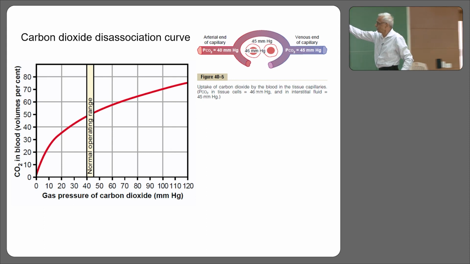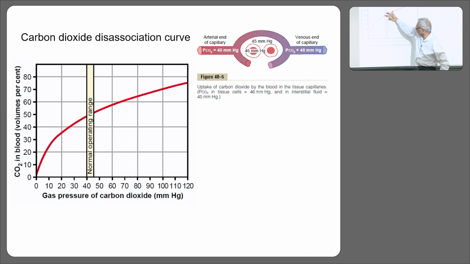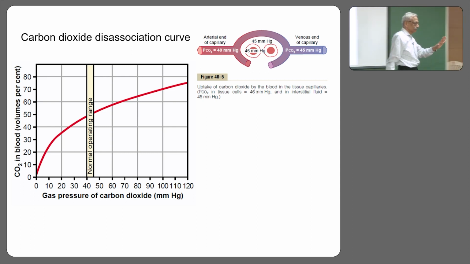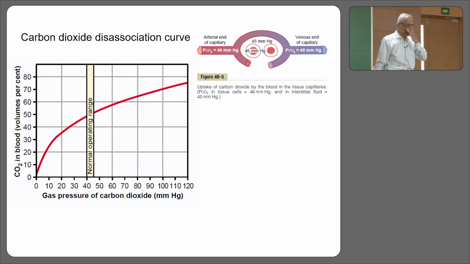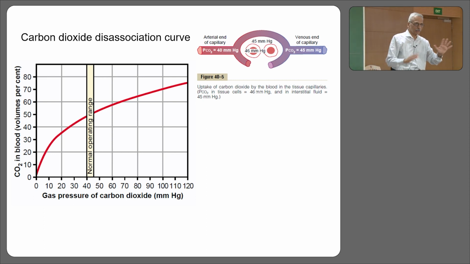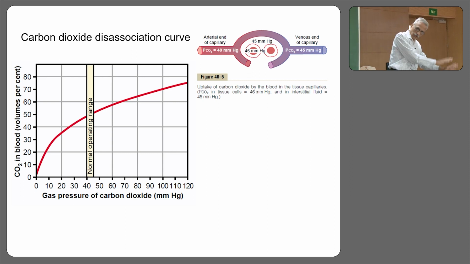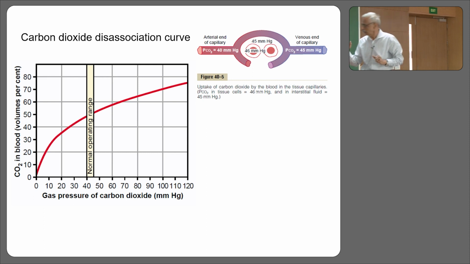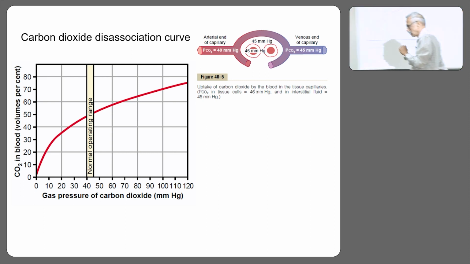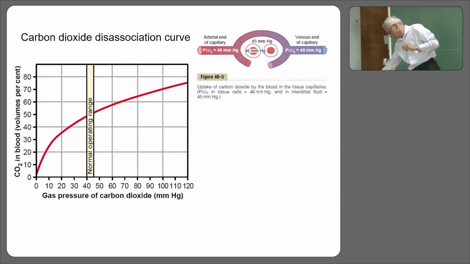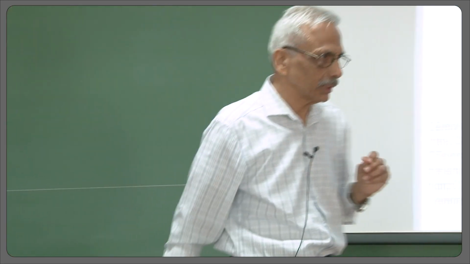If I take these two points on this line, these are the two extremes between which carbon dioxide operates as we go from the arterial blood to the vein and back. Now, life is more interesting than that.